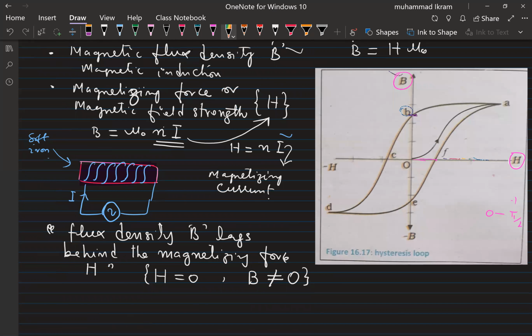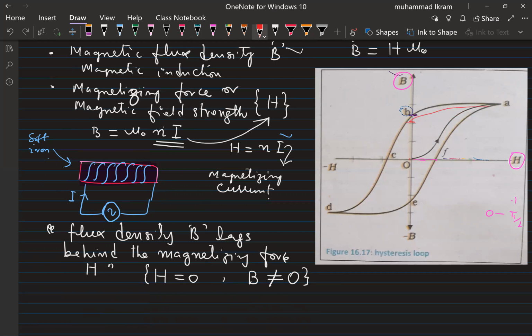Now look again: when you decrease the current from maximum to zero, you see that B does not fall at the same rate.